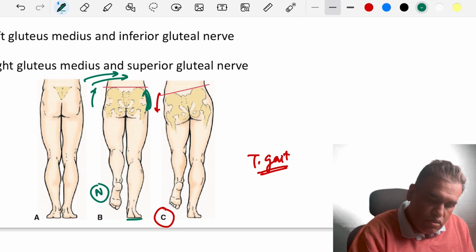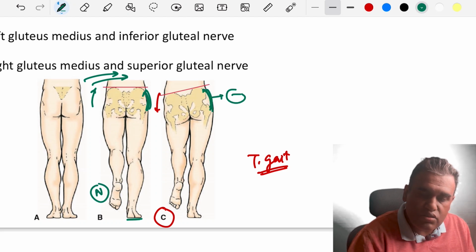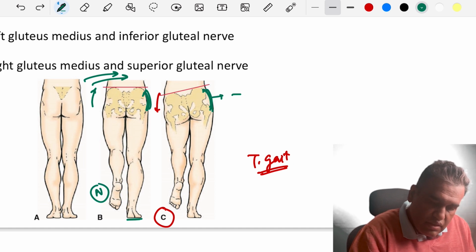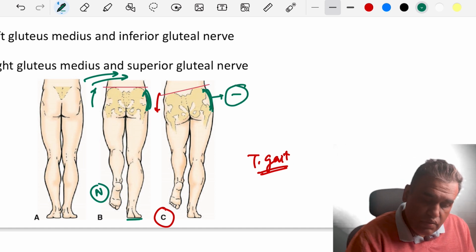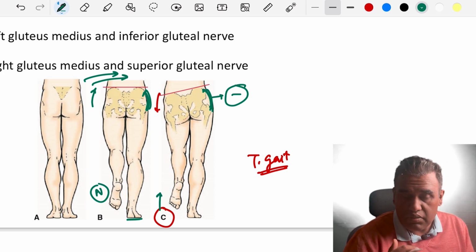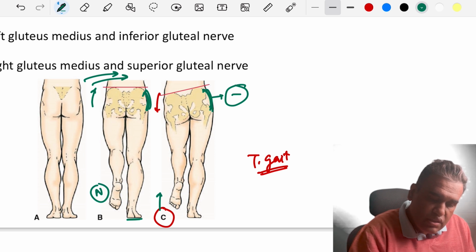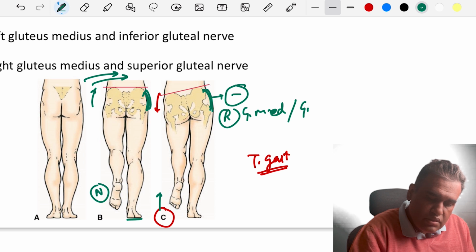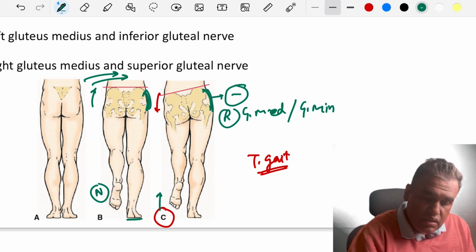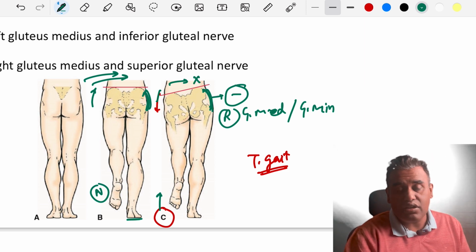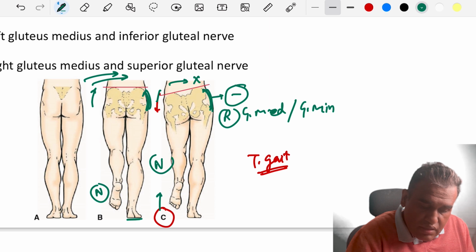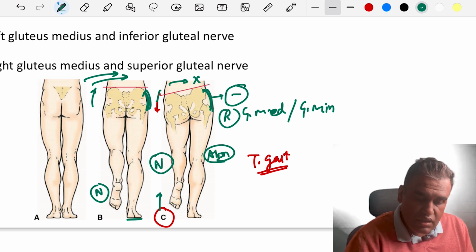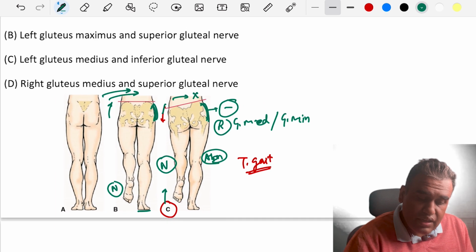But if the right side gluteus medius and minimus are paralyzed, not working, then once the right foot is on the ground and the left foot is taken off the ground, they are not able to tilt the pelvis in this direction, so the pelvis will drop down on the left side, that is, the normal side. This is the abnormal side. So the problem is on the right side, but the left pelvis is going down.